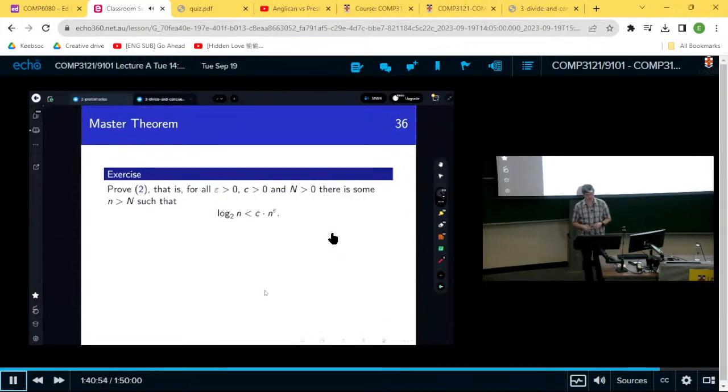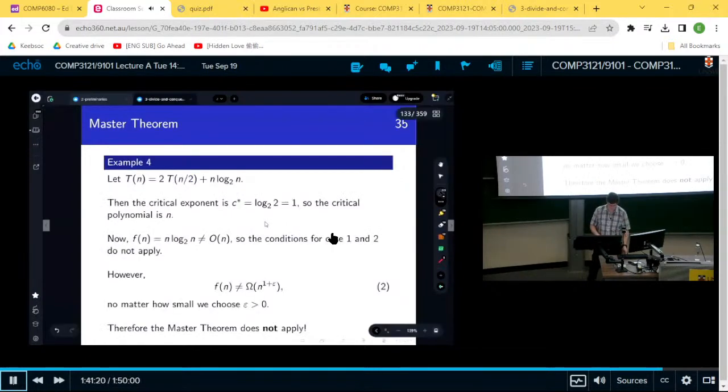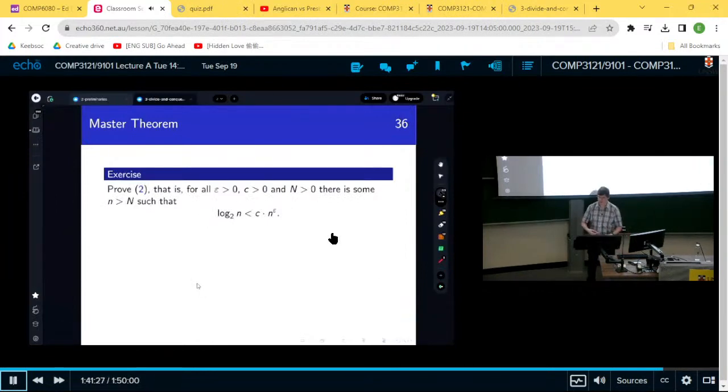In other words, prove that for every epsilon greater than 0, every constant c greater than 0, and every integer n greater than 0, there's some integer greater than n such that log base 2 of n is smaller than c times n to the power epsilon, which is exactly what you need to prove. You just plug in the definition of big omega and then negate it.